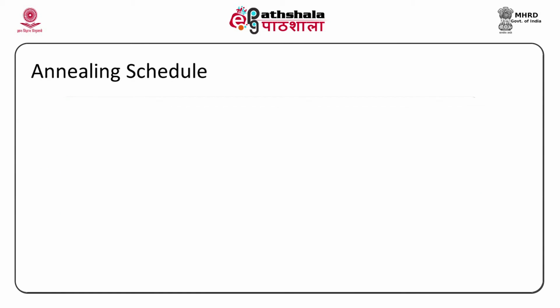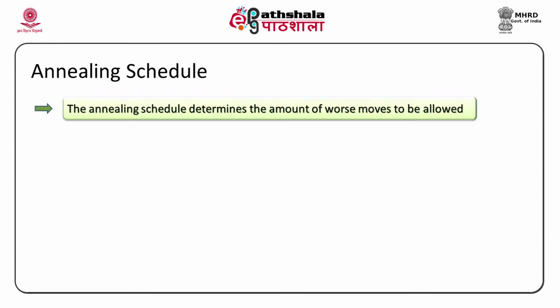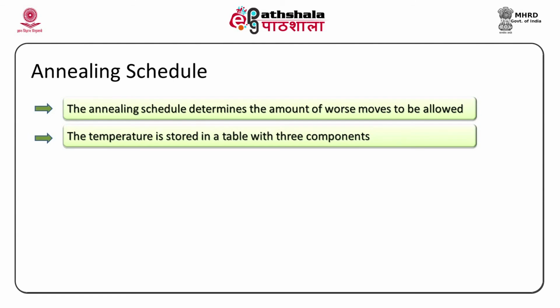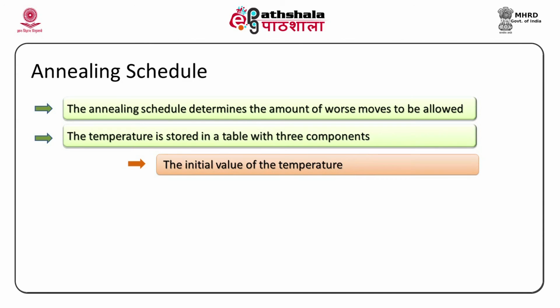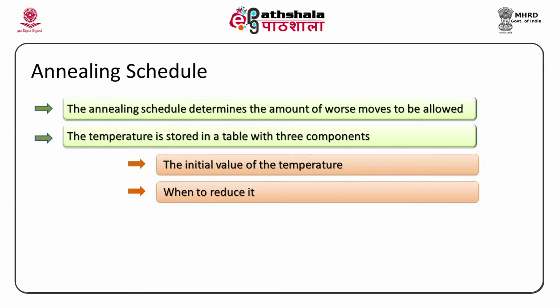What is the annealing schedule? The annealing schedule determines the amount of worse moves to be allowed. Remember, a higher value of T will let you move to a worse state with more probability than a lower one. What you do is store this T value in a 3-column table: the initial value of temperature, when to reduce it, and how much to reduce.